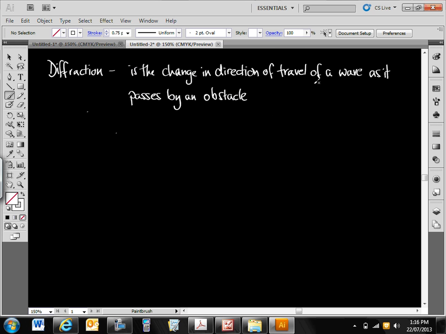It is the change in direction of travel of a wave as it passes by an obstacle whilst remaining in the same medium. Why that last part of the sentence, whilst remaining in the same medium? Yeah, otherwise we see refraction happening.